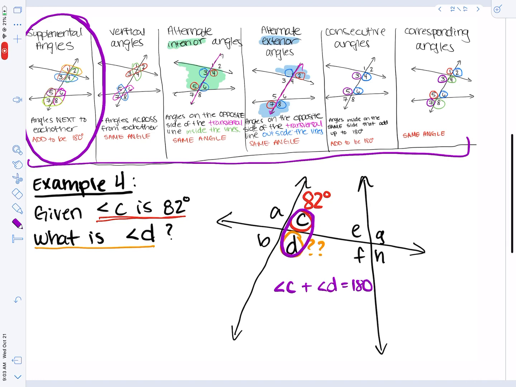To find angle D, what do I have to do? Add, subtract, multiply, or divide? Very good. Angle D equals 180 minus 82, so we're going to subtract. What's angle D? Angle D equals 180 minus 82 equals 98 degrees. That's my answer.